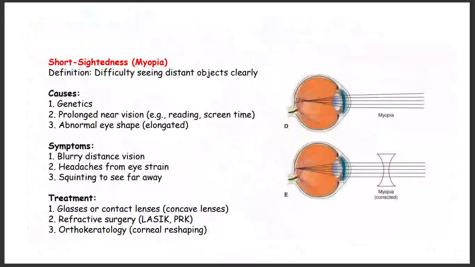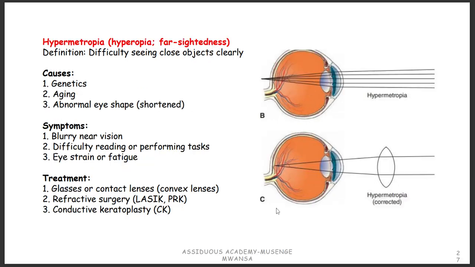So that anyone who wants to understand can understand, here is the diagram. If someone has short-sightedness, myopia, they have difficulty seeing things which are far, but they can see something that is near. When you're looking at something far, the image forms before the retina. To correct this, you use a concave lens so that you can diverge the rays of light.